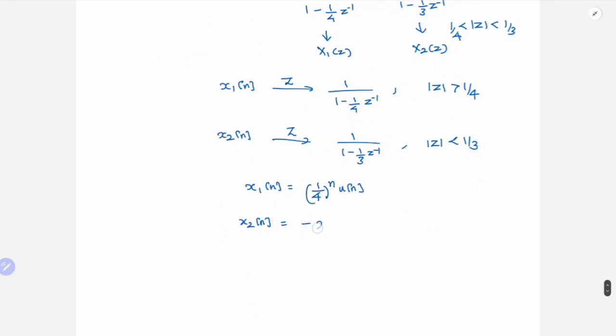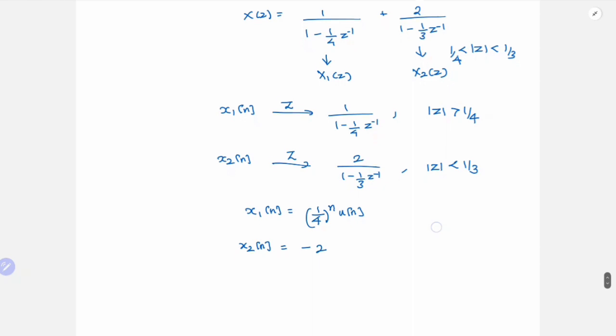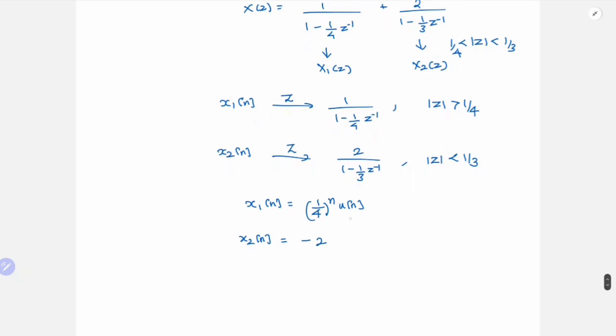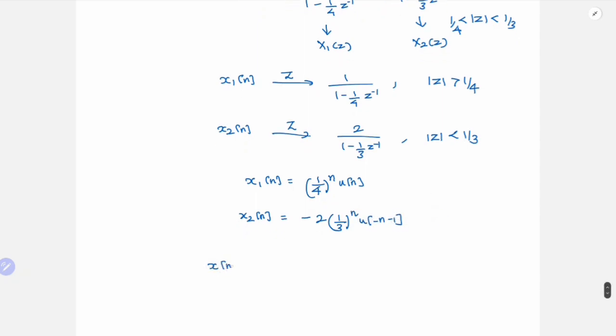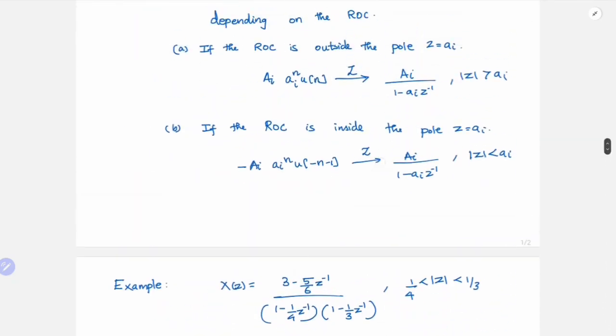So I'll have minus 2, since this is 2 here, and what is your a i here? It's 1 by 3 power n u of minus n minus 1. So what will be your x of n together? It will be the sum of these two signals. So I will have 1 by 4 power n u of n minus 2 into 1 by 3 power n u of minus n minus 1. So this is how you solve by partial fraction form.